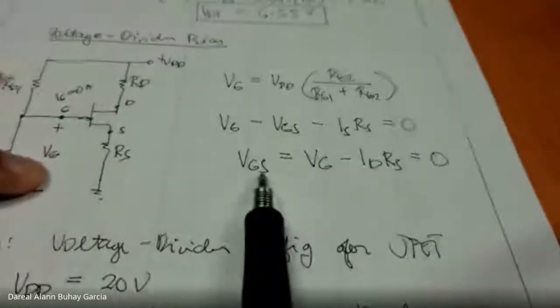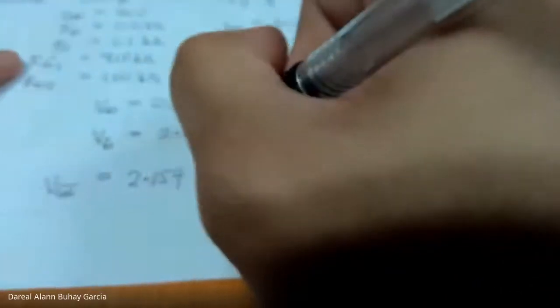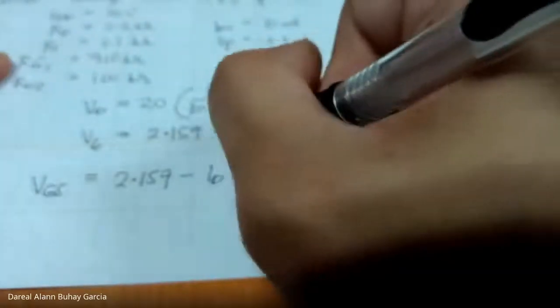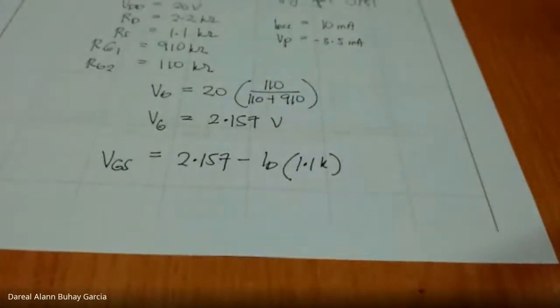So VGS is VG minus IDRS. VGS is 2.157 minus ID times RS, which is 1.1K. Now we substitute this VGS into the Shockley equation.